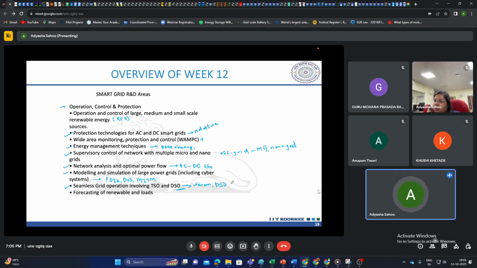And we also need close coordination between the distribution system and transmission system operator for the smooth functioning of the whole power system, because the distribution system and transmission system can provide each other various services, and they can facilitate each other in managing each other's power grids. So their coordination is also necessary.